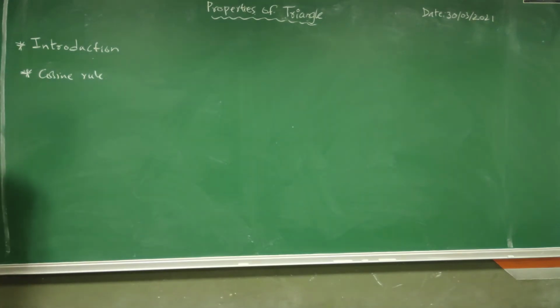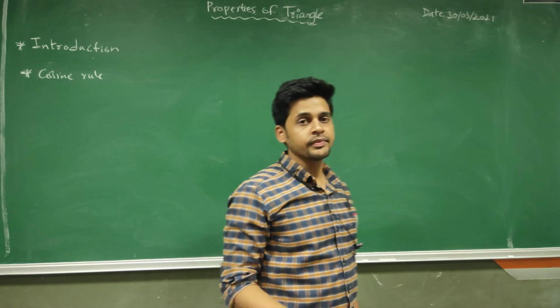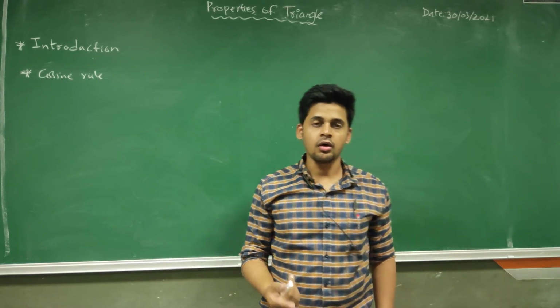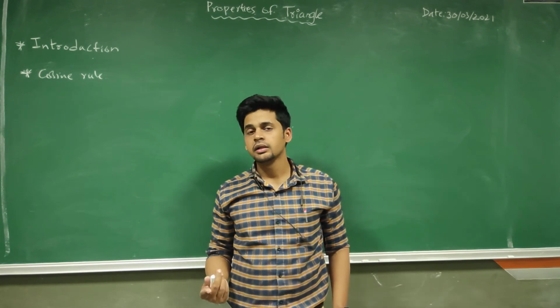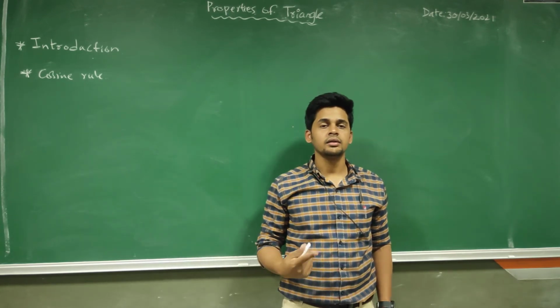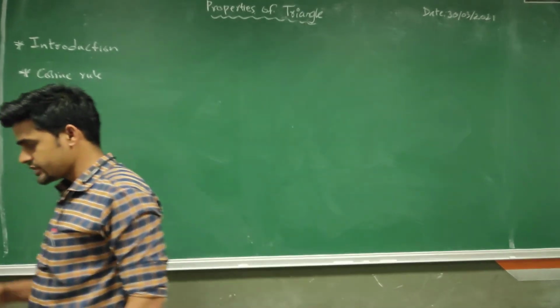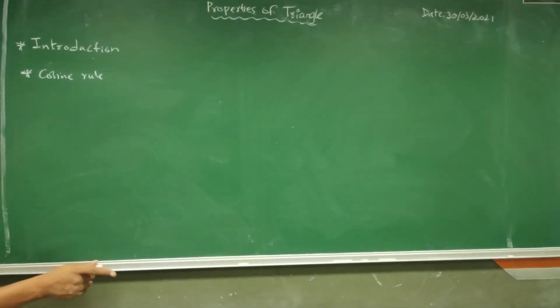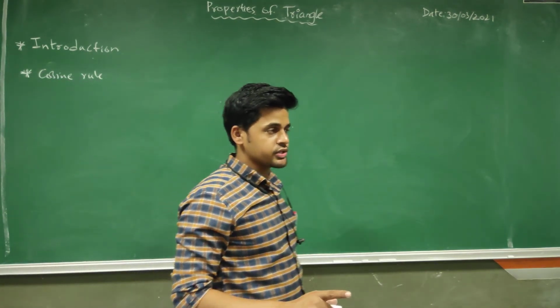So here in cosine rule, we have to apply law of cos on acute angle triangle, right angle triangle, and obtuse angle triangle. Okay, so first we will check on acute angle, and we will get one equation.